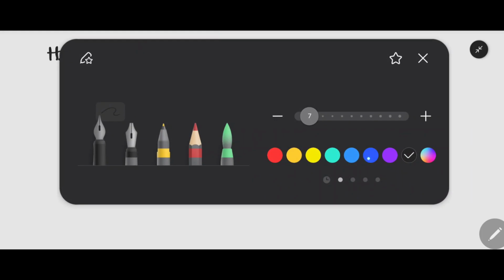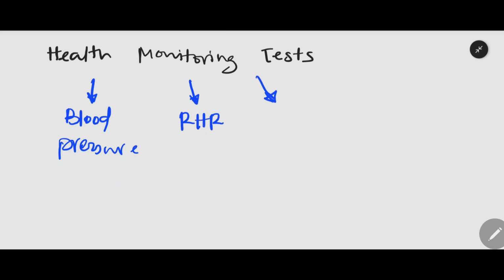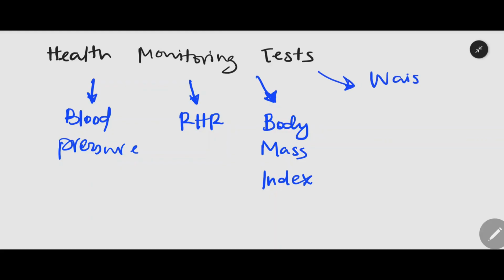Now we're going to look at health monitoring tests. So these include things like blood pressure, resting heart rates, BMI, which stands for body mass index, and waist to hip ratio.